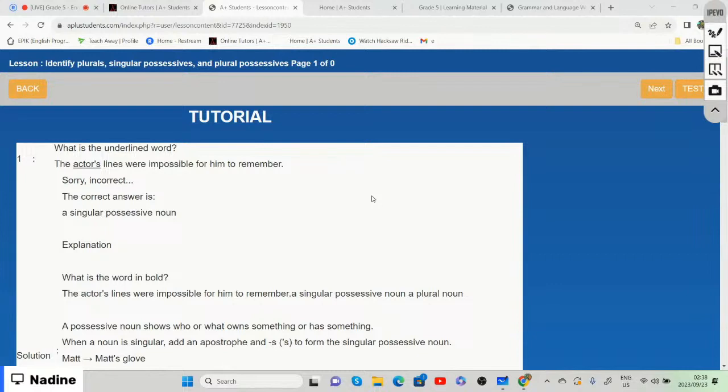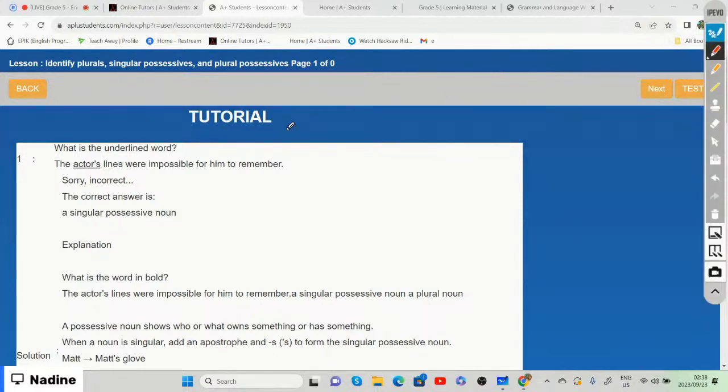All right, and the actor's, meaning we're actually referring to one actor. So this is a singular possessive noun.